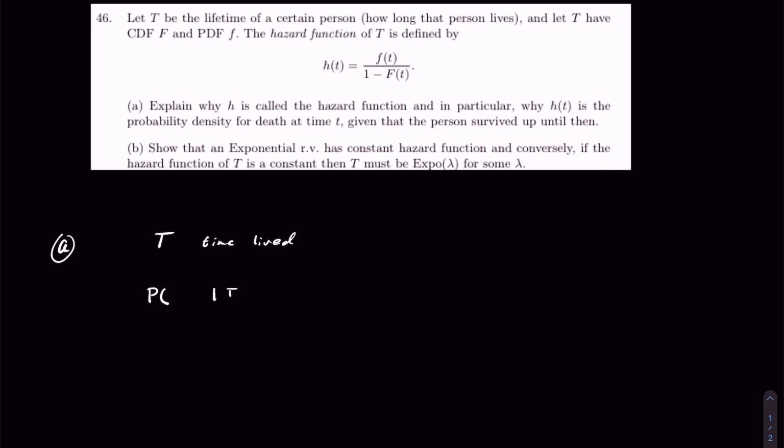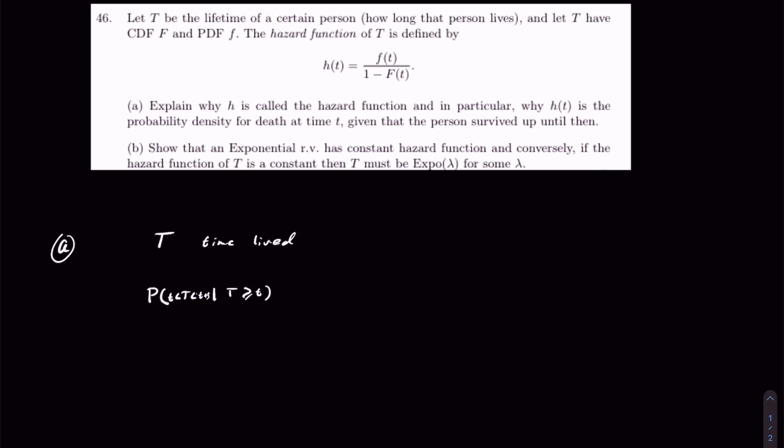Well, we know the conditional here, has survived up until time t, but has lived or is going to live just a tiny amount extra. Well, this should be a little t here.